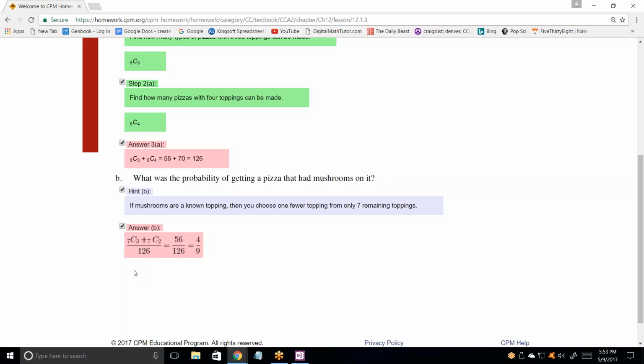In other words, your logic was very sound, which was to remove one topping. But remember how we got our 126. We had 8 choose 3 plus 8 choose 4. So it should be 7 choose 2 plus 7 choose 3 is going to be the number of ways that you would take away a mushroom.